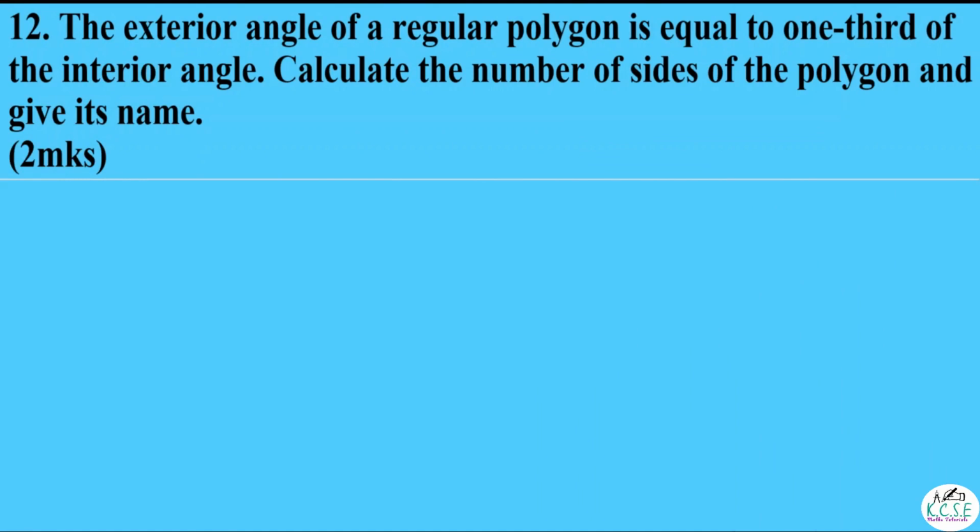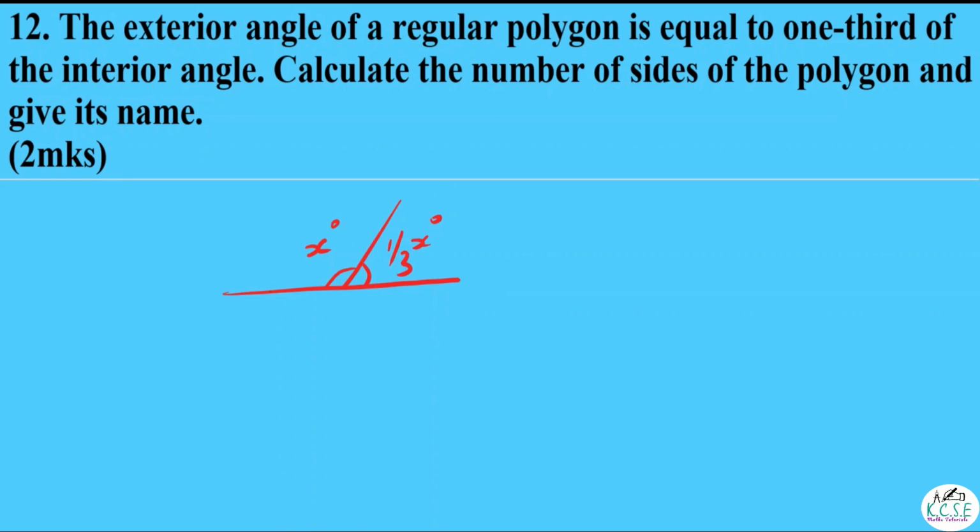The exterior angle of a regular polygon is equal to 1/3 of the interior angle. Calculate the number of sides of the polygon and give its name. So the first thing is to sketch, whereby the interior angle is x degrees, then the exterior angle will be 1/3 of the interior angle, which is 1/3 x degrees.